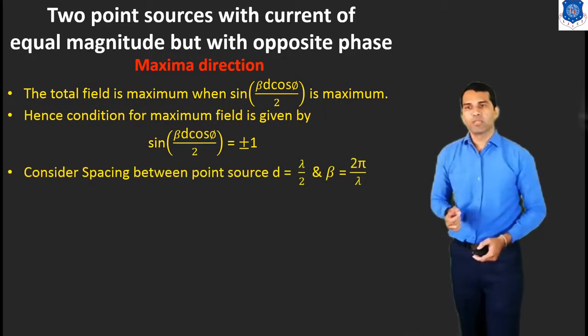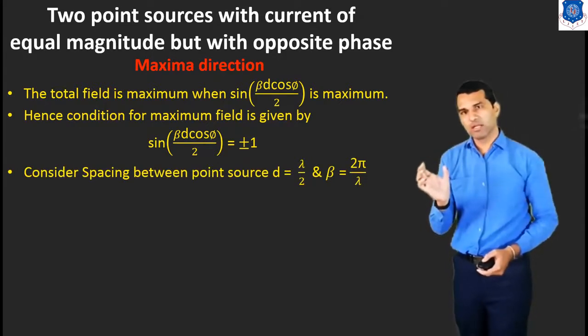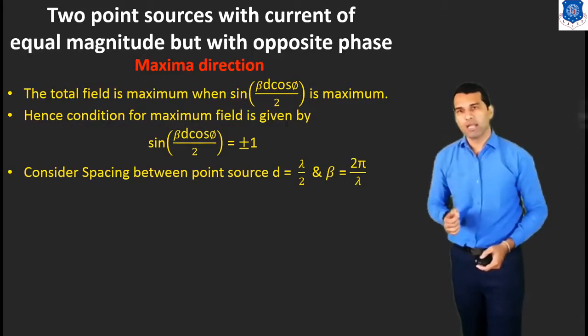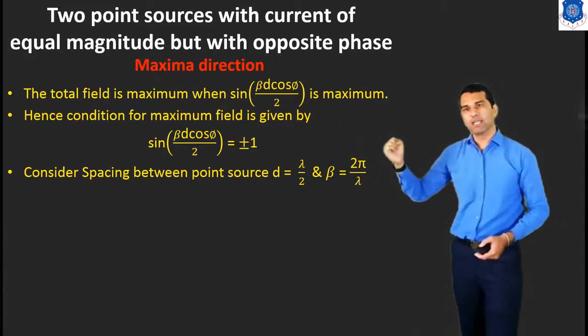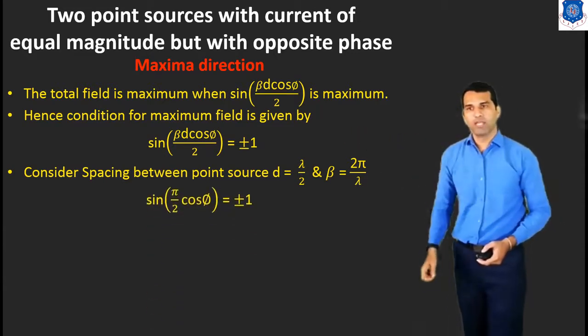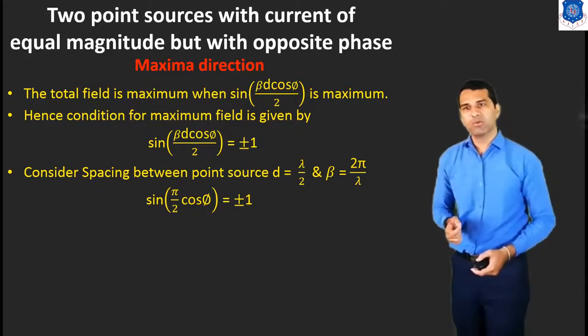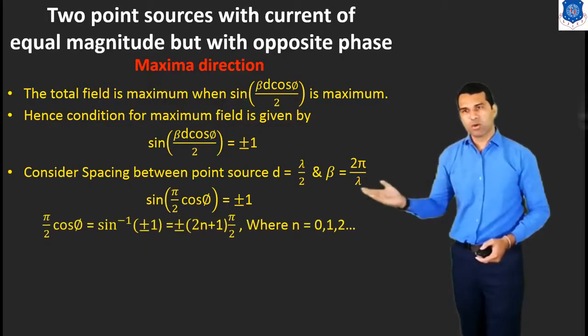Consider the distance between the two elements is lambda by 2 and beta is equal to 2 pi by lambda. Now we put the values of beta and d in this equation. So we can write sine of pi by 2 cos phi equals plus or minus 1. Now we solve this equation.